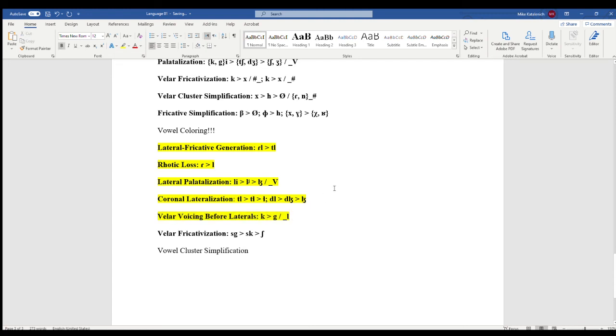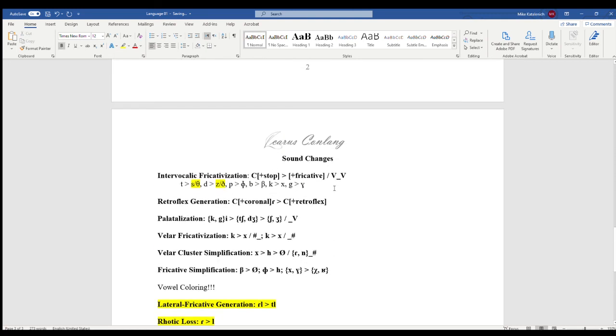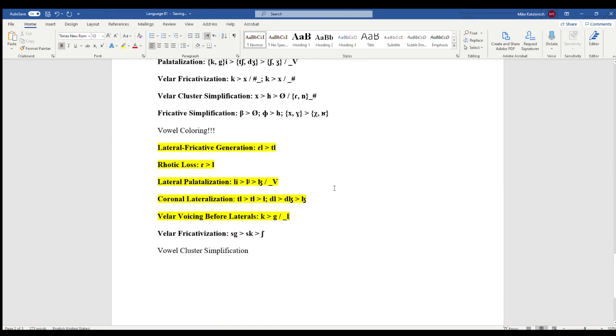And then blah, blah, blah. What to do with blah, blah? So I have blah and blah. Do I want to keep blah? Do I want it to be the same sort of thing as that? And it's just stop voicing before laterals.